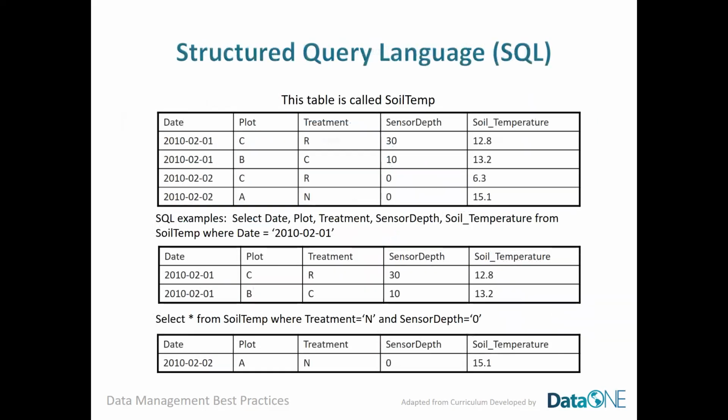Database features also include a powerful command language called SQL, or Structured Query Language, which I mentioned already. These are just a couple of examples of what you can do with SQL. The table at the top of this slide is called soil temp in the database. In the first example, the SQL command returns all records collected on February 1st of 2010.